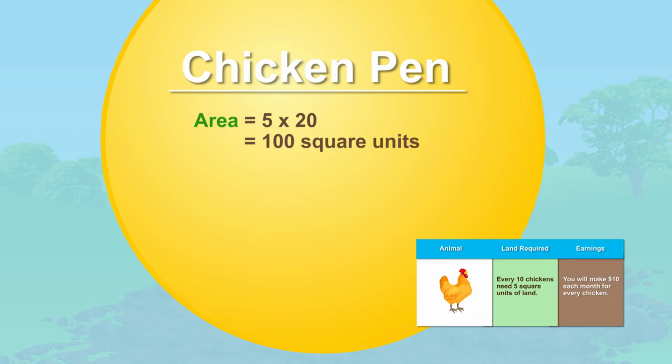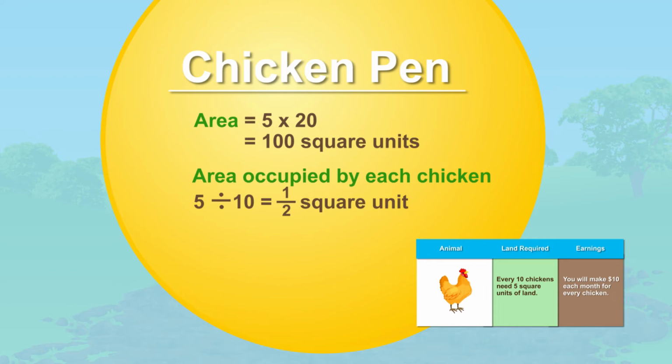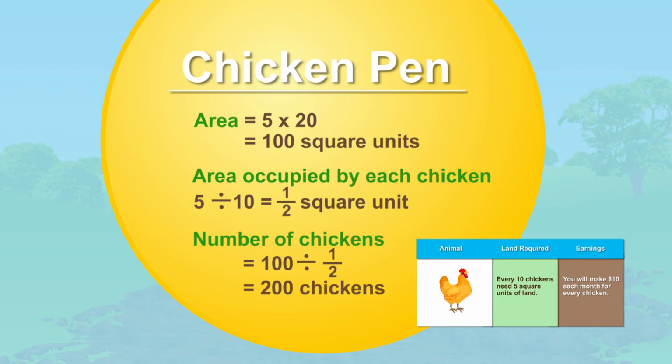Now, 10 chickens will occupy 5 square units. So let's share the 5 square units among the 10 chickens. 5 square units divided by 10 chickens equals half square unit for each chicken. The number of chickens I will be able to raise would be 100 square units divided by half square unit.